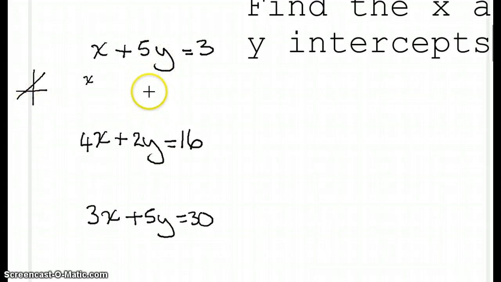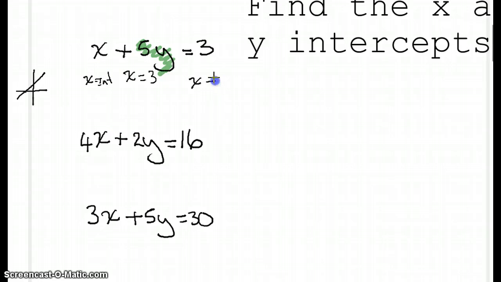So I'm going to cover this up. My y is 0. When my y is 0, I'm left with x equals 3. So my x-intercept is x equals 3.